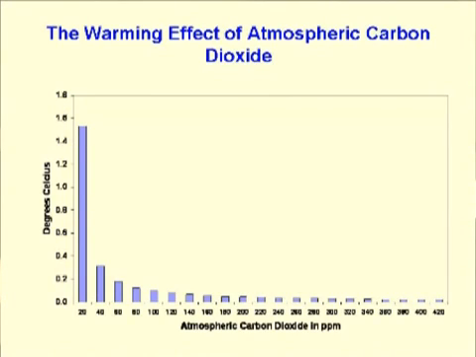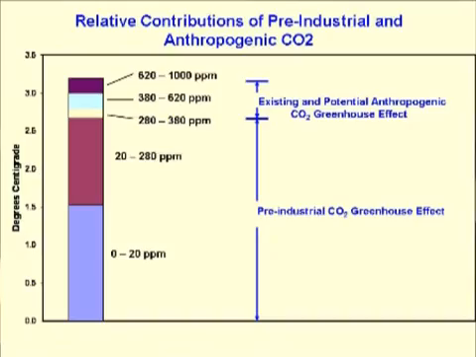Increasing the carbon dioxide content by a further 200 ppm to 620 ppm, projected by 2150, results in a further 0.16 degrees centigrade increase in atmospheric temperature. Since the beginning of the Industrial Revolution, increased atmospheric carbon dioxide has increased the temperature of the atmosphere by 0.1 of a degree centigrade.